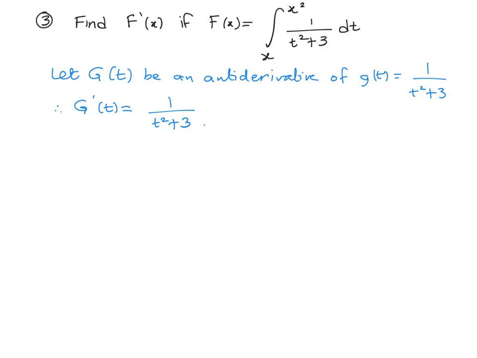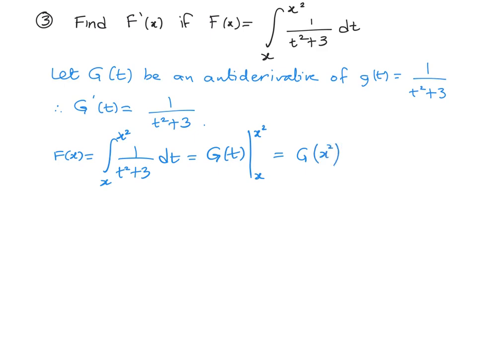So, capital F of x, which is this integral from x to x squared of 1 over t squared plus 3 dt, is simply capital G of t evaluated from x to x squared, which is capital G of x squared minus capital G of x.